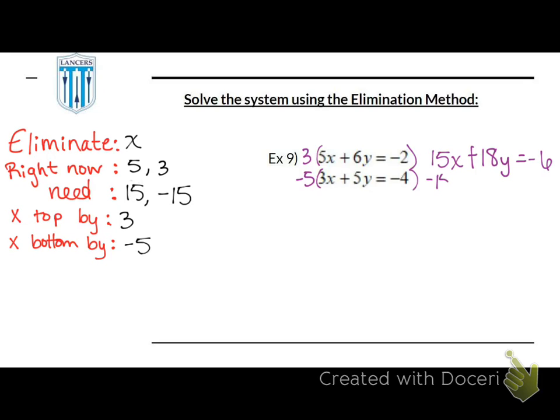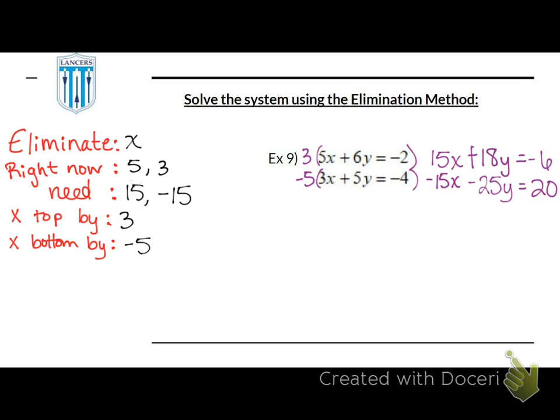So I get my negative 15x. What about in the middle? Negative 25y equals negative times a negative is a positive 20.